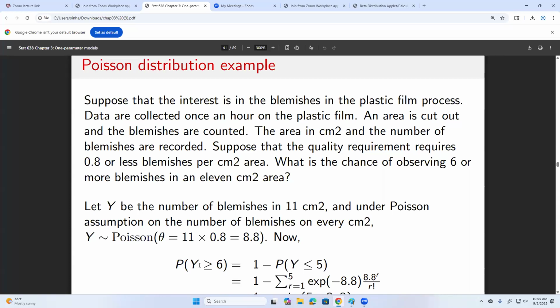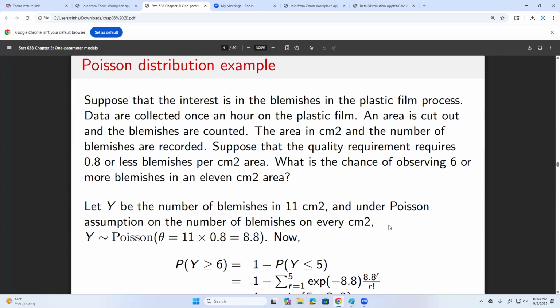Let y be the number of blemishes in 11 centimeters square, and under the Poisson assumption on the number of blemishes on every centimeter square, this is an important property of the Poisson distribution. A Poisson random variable must be defined on some unit.